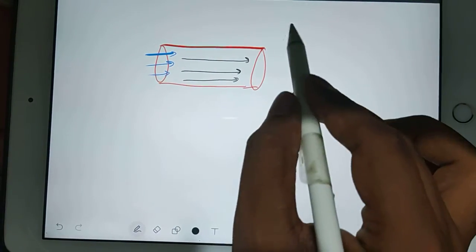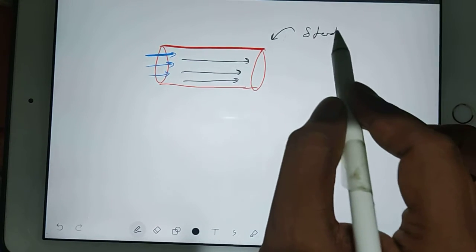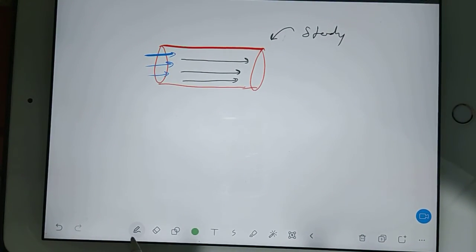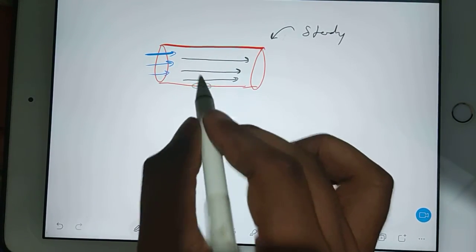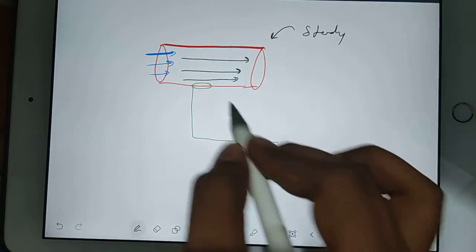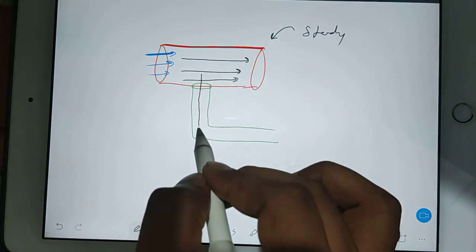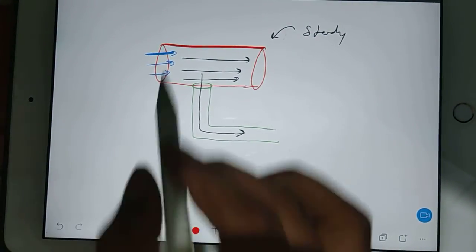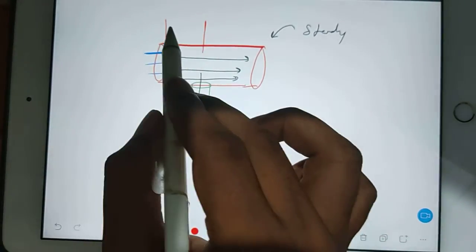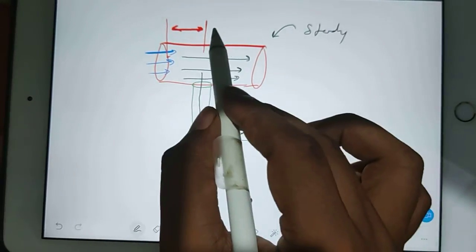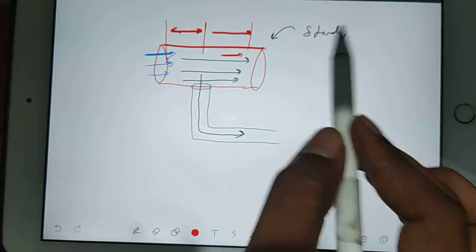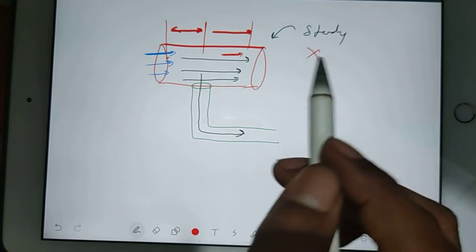This kind of flow we consider as steady flow. But imagine if I make a hole here and connect another pipe. Some portion of the mass will flow through this. It means from here to here you have one mass, but after this you have a different mass. So it is an example of unsteady flow.